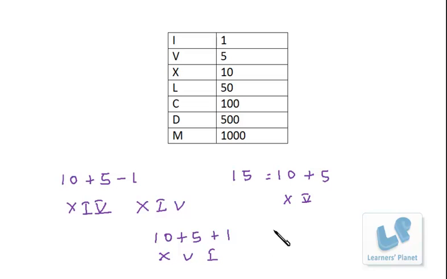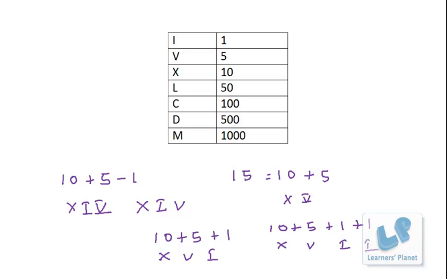Okay, 17, 10 plus 5 plus 1 plus 1. So it's XVII. Okay, 10 plus 5 is 15, 16 and 17.